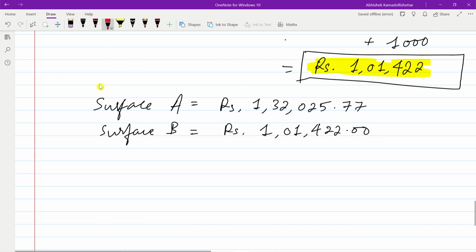When we compare these both values, surface B road is more economical.